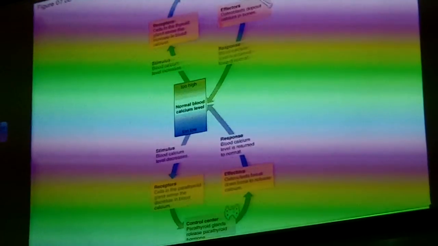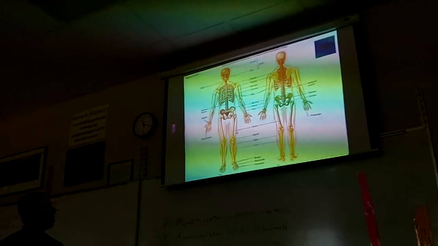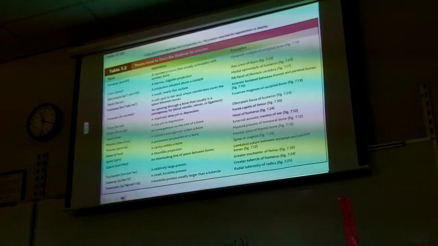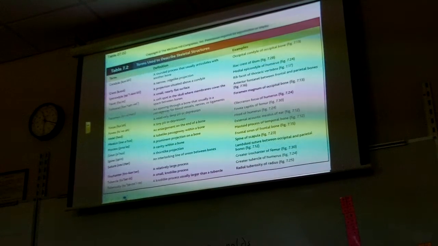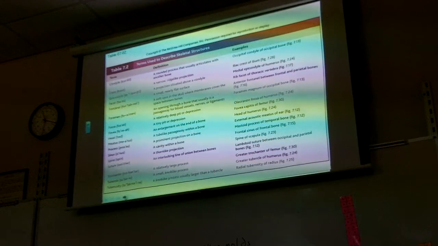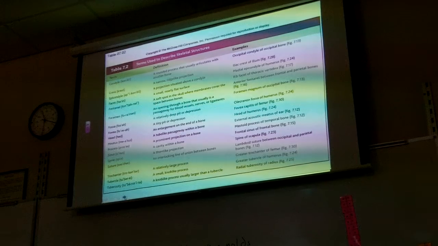We already talked about the skeleton and all the different bones here. There are words that you need to know that stand for parts of a skeleton. We will have a quiz on this tomorrow. It's table 7.2, page 142.